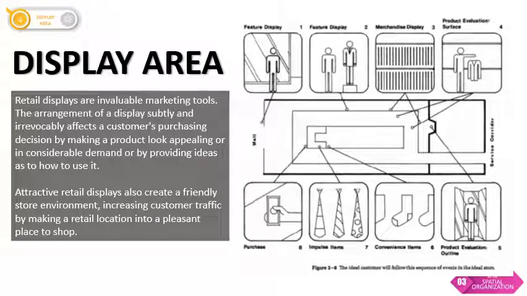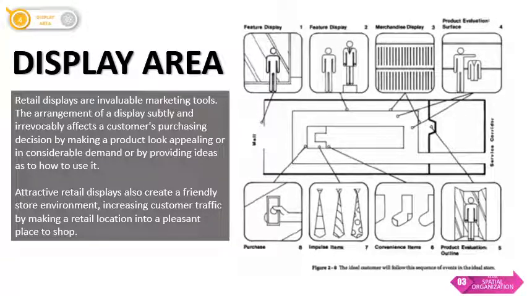satu layout lah. Ya, biasanya at the front shop dia ada feature display. Kan? Lepas tu dekat at another one side dia ada feature display juga. And then dia ada merchandise display. Yeah, and then there are also a spaces or a display for a product evaluation surface.